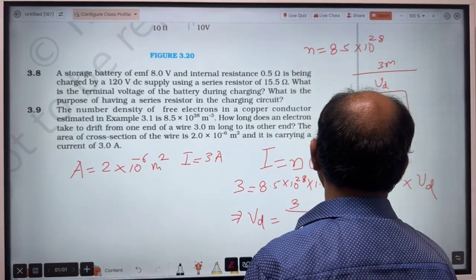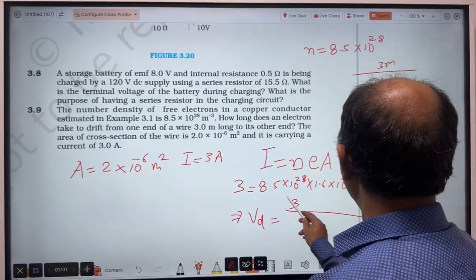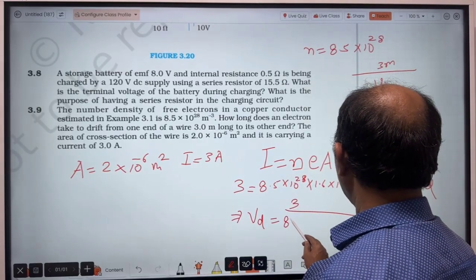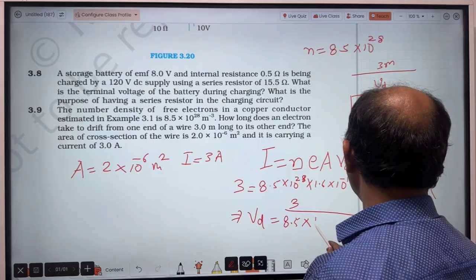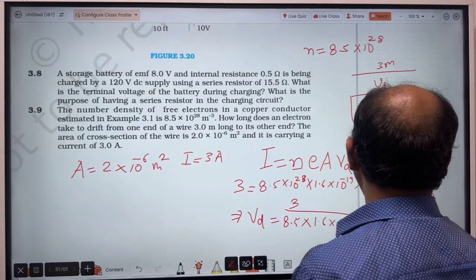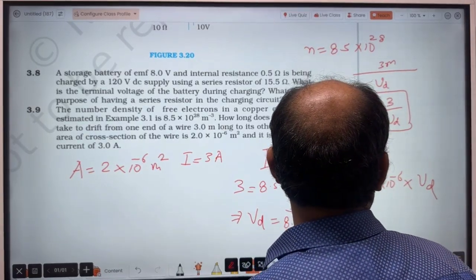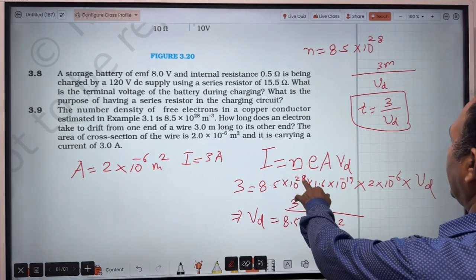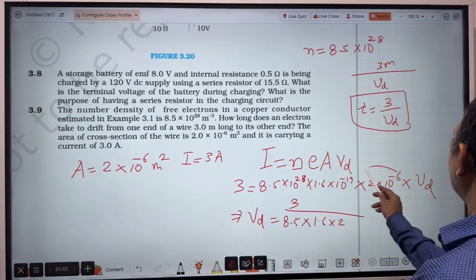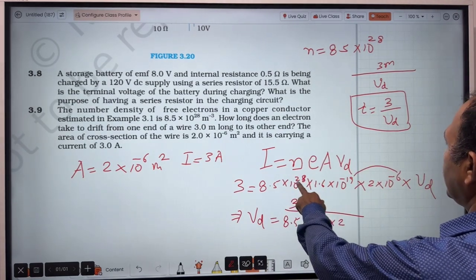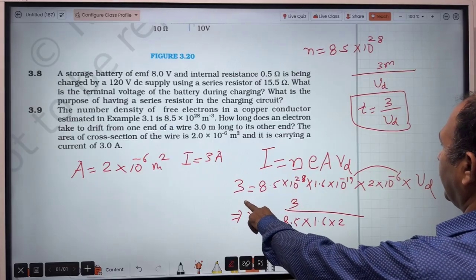So 3 divided by, here consider these powers. The numbers are 8.5 into 1.6 into 2. But what about the powers? The power here is 28 and this is 25. So 3 as a positive power will be left, and it is going in the denominator.